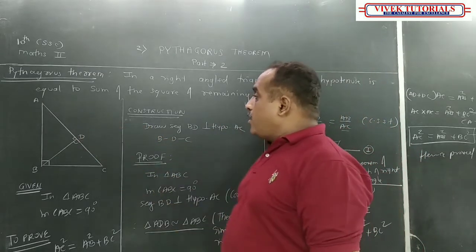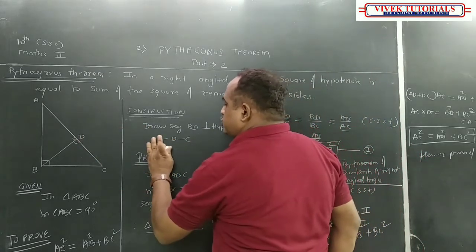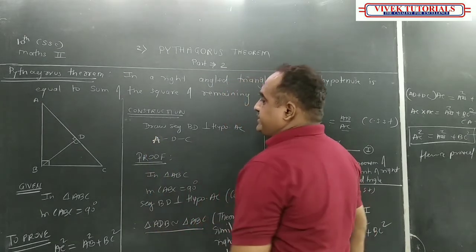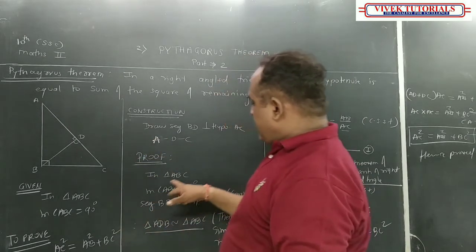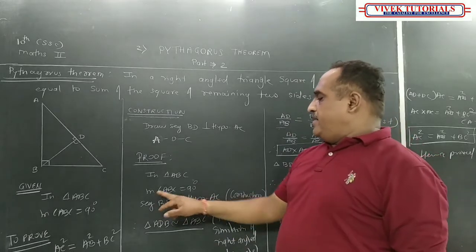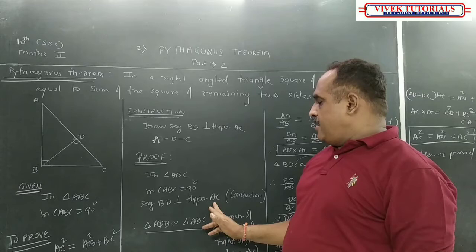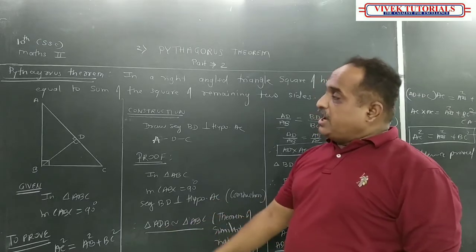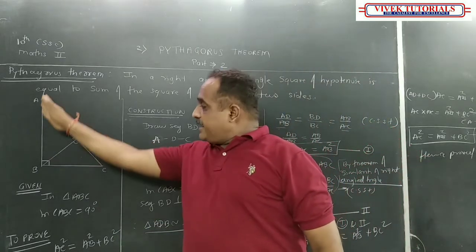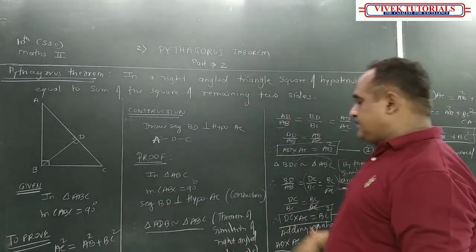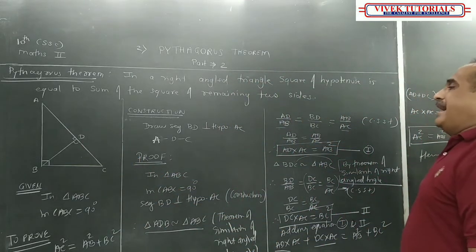I made a mistake, it should be ADC, collinear points. Now, in triangle ABC, angle ABC is 90 degrees, BD is perpendicular to hypotenuse AC. Therefore, we know that the smaller triangle is similar to the larger triangle by the theorem of similarity of right angle triangles.